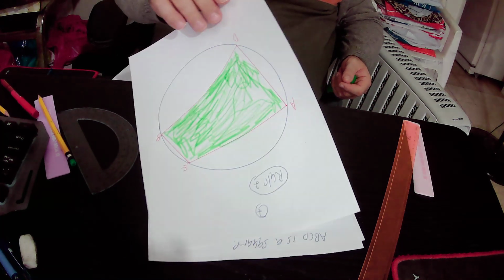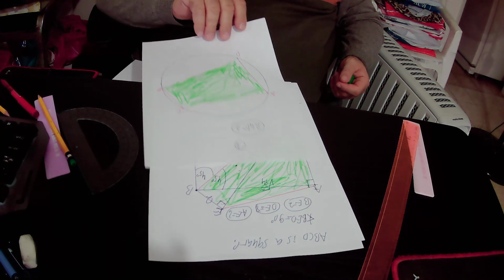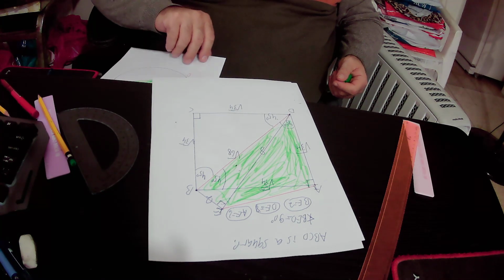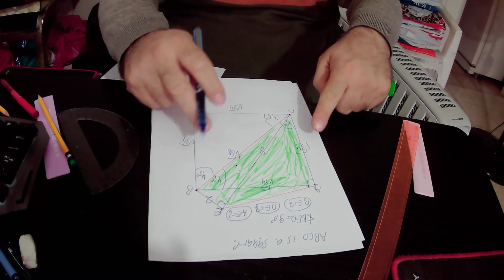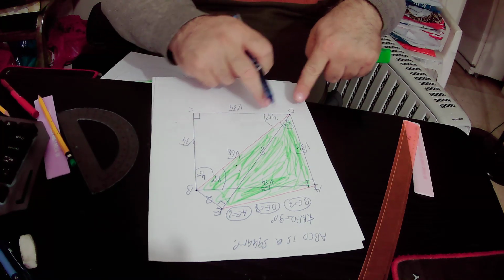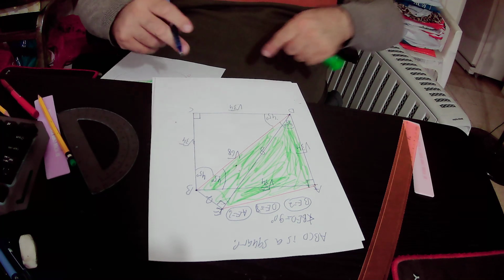Okay, I will also draw the two right angles that subtend on the same line segment BD.